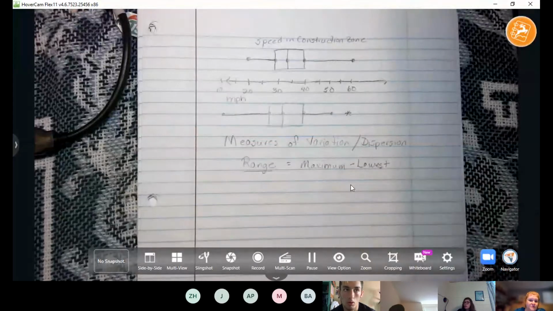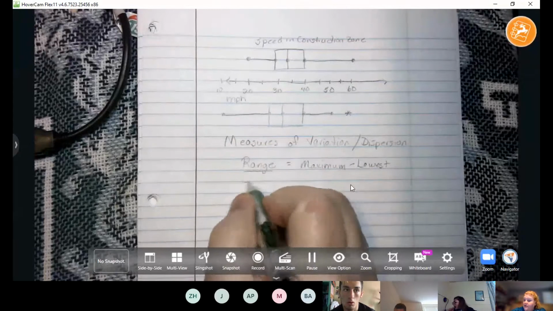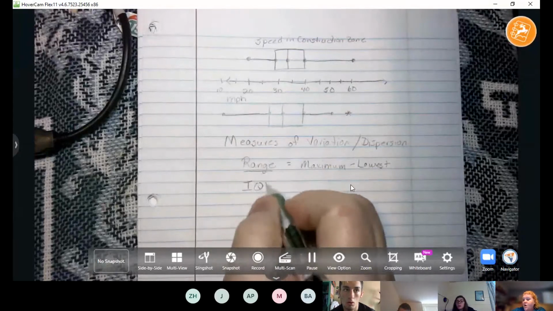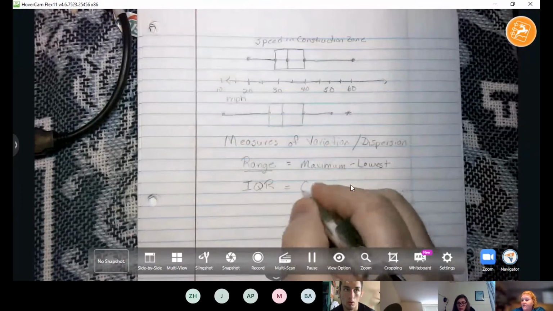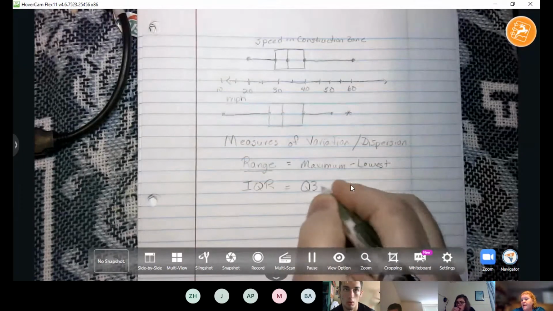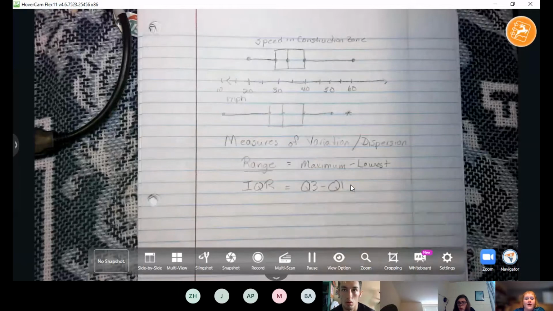It doesn't have a special symbol. You just do that simple subtraction. Now, we've already looked at the IQR when we were doing measures of position, and we looked at it again when we were doing quartiles, but it is really a measure of variation. And that is found by taking quartile 3 minus quartile 1 to calculate the IQR.